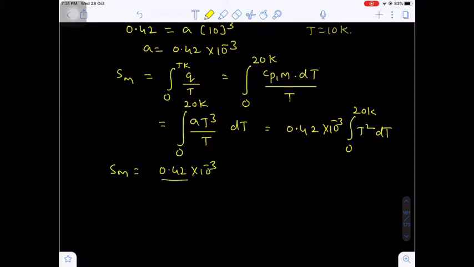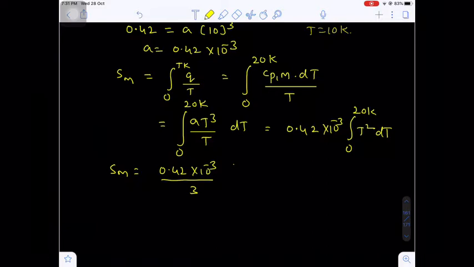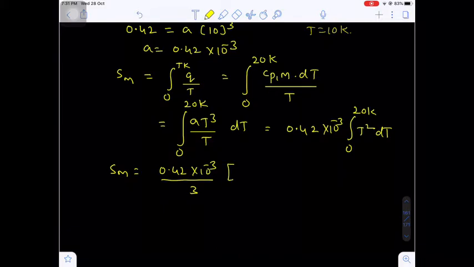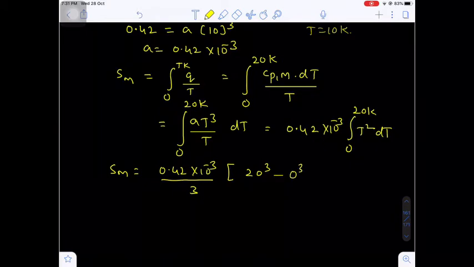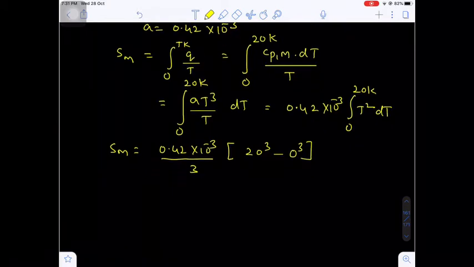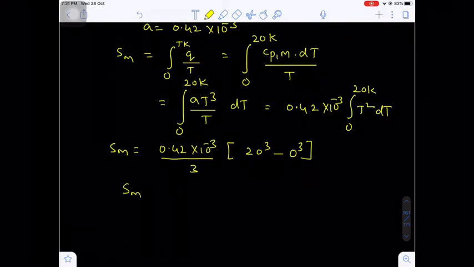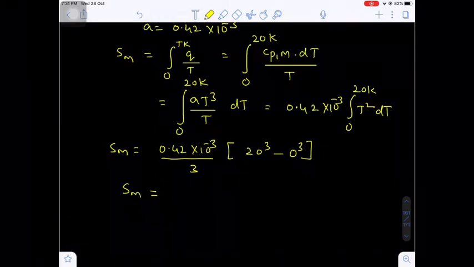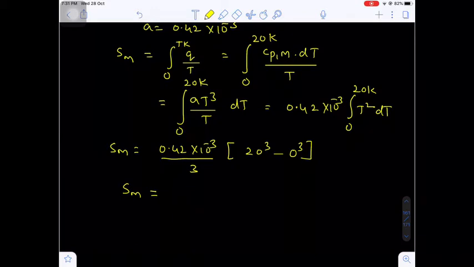Dividing by 3 outside, the upper limit T cube is 20 cube minus the lower limit 0 cube. After simplification, the molar entropy of a pure perfect crystalline substance at 20 Kelvin will be equal to 1.12 joule per Kelvin per mole.